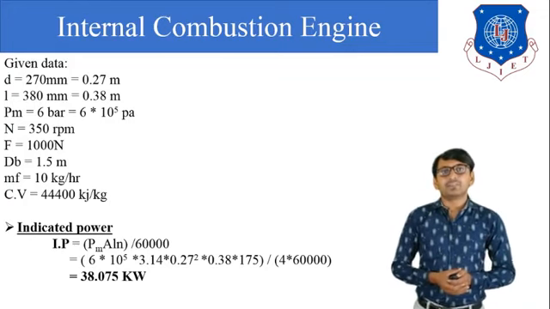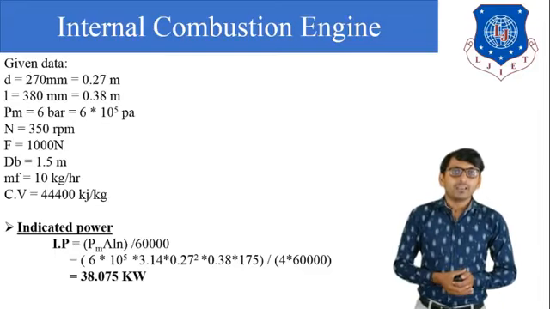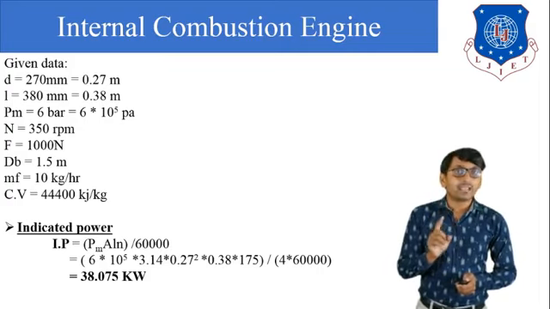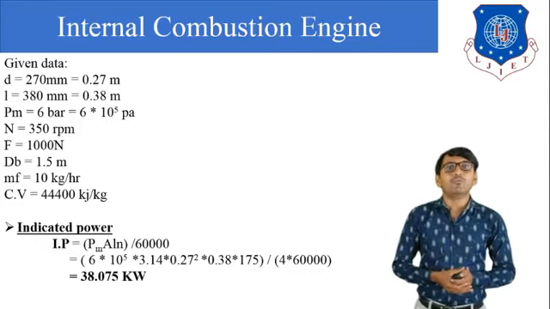Divided by 4 because pi by 4, into 60,000. By calculating this one, we get 38.075 kilowatt. Why kilowatt? Because in the numerator there is a 60,000, so directly we put kilowatt.